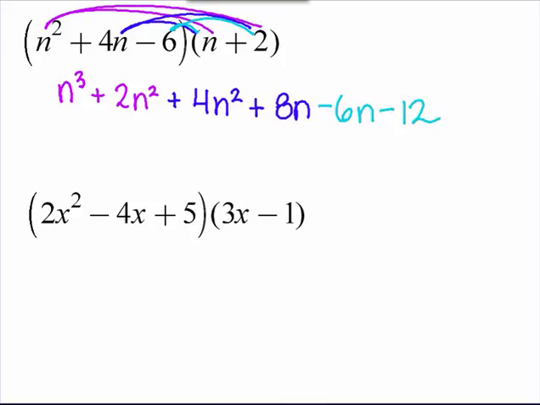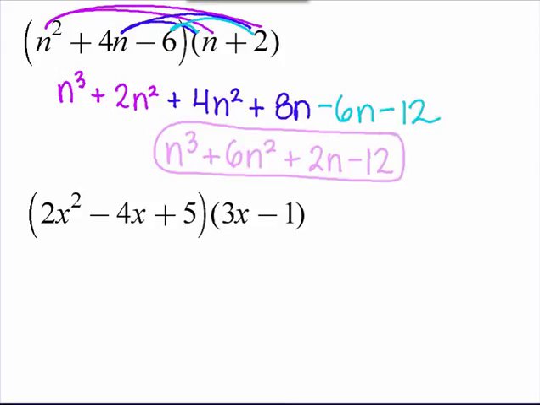So now let's combine like terms. What's my first term going to be? n cubed plus 6n squared, plus 2n minus 12. There you go, that's it. So see, that wasn't that bad. How do you know when to do that though? When you have 3 terms times 2 terms or 2 terms times 3 terms.